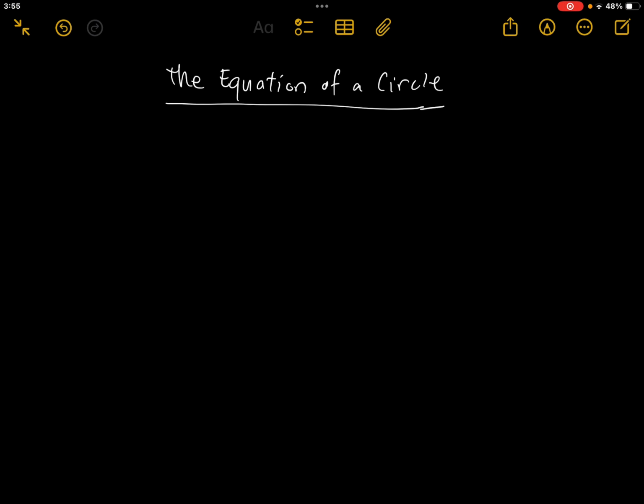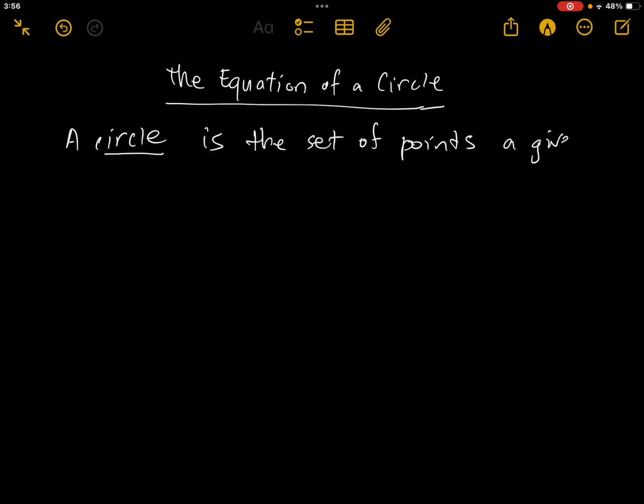In this video, we're going to discuss the equation of a circle. Let's make sure we understand what exactly a circle is. A circle is defined to be a set of points in a plane that are a given distance from a given point.